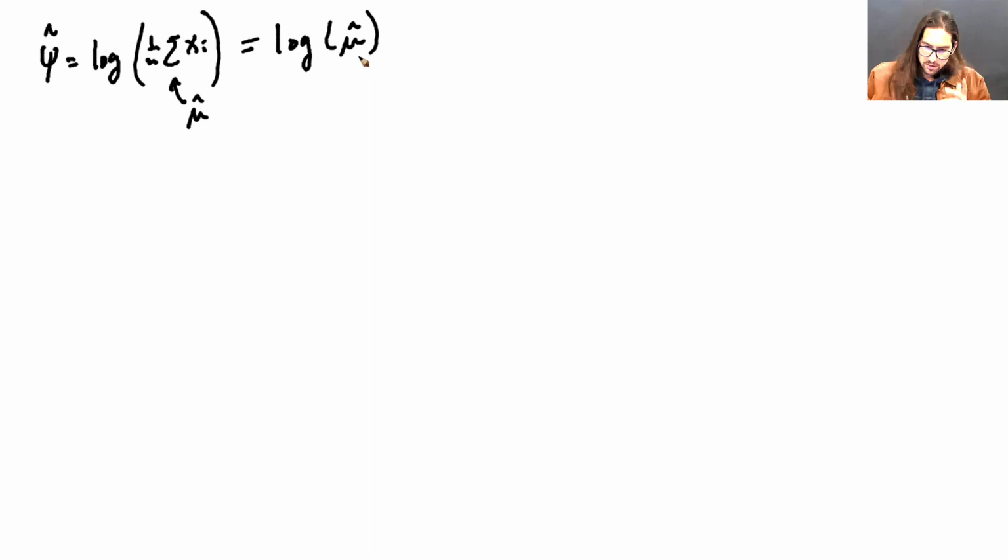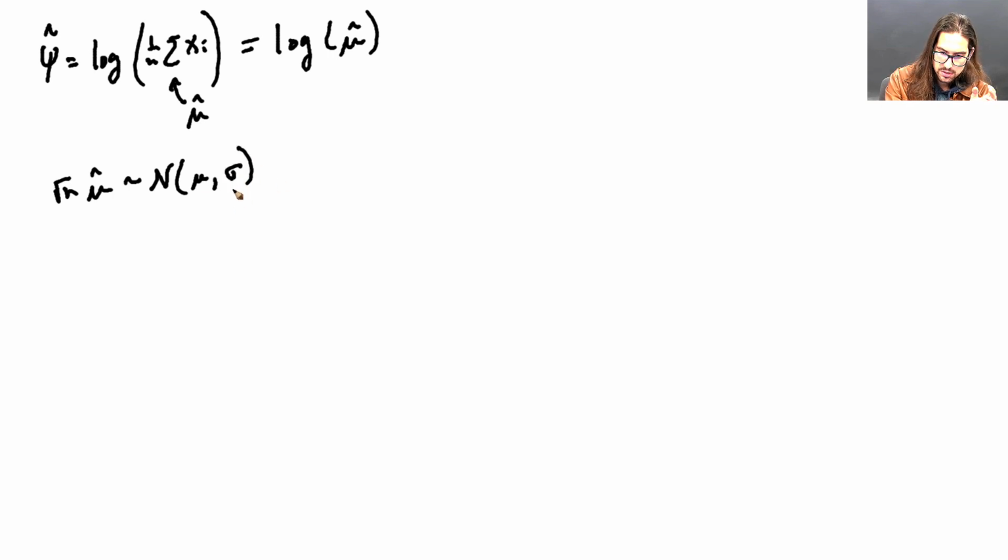And I know that mu hat times root n has, by the central limit theorem, because this is a sample mean, some distribution like this, where this is the standard error. In fact, I know what this is. This is going to be the mean of x, and then the standard error will be the variance of x squared.